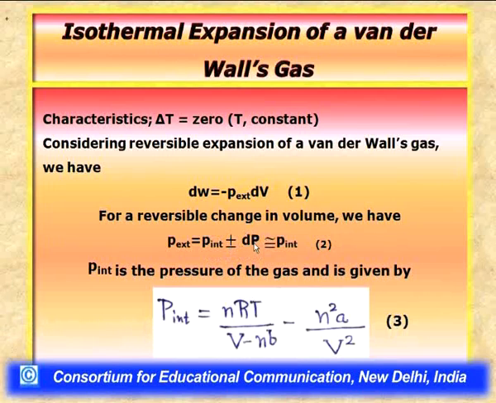In the case of expansion, it will be slightly lesser, so the negative sign will operate, and in the case of compression, the external pressure would be just a little higher than the internal pressure, then the positive sign will come into account.